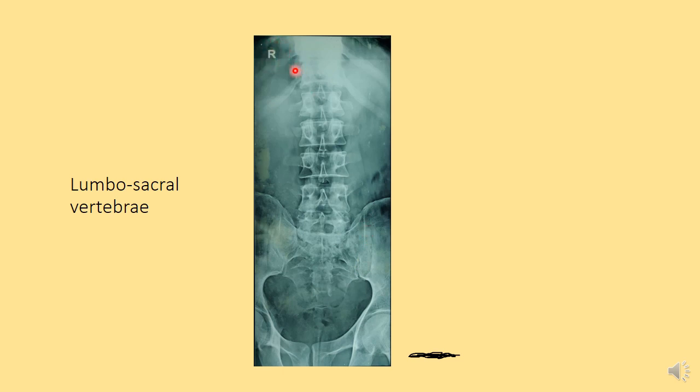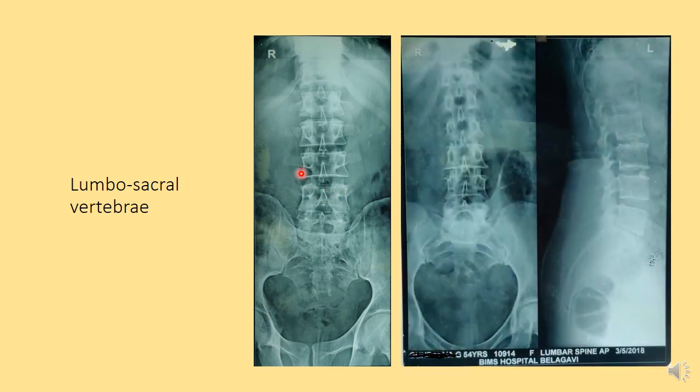It is marked. This side is right-sided, and you can also appreciate the pubic symphysis here, and this is the head of the femur in the acetabulum. This is the iliopubic ramus, and the pubic symphysis. You can see some shadows here. These are because of intestinal gas. They are showing some gas shadows.